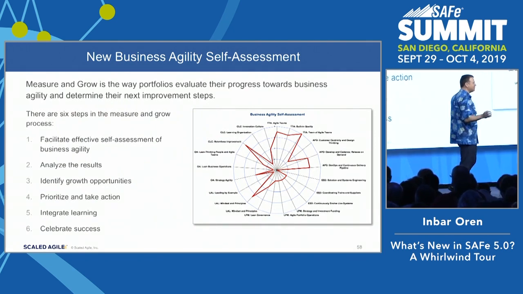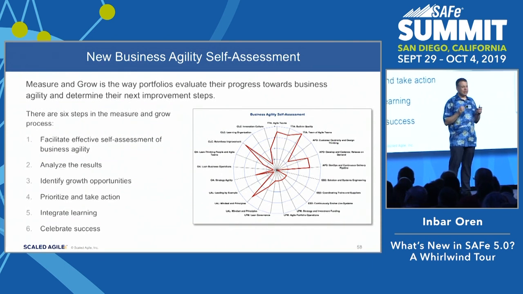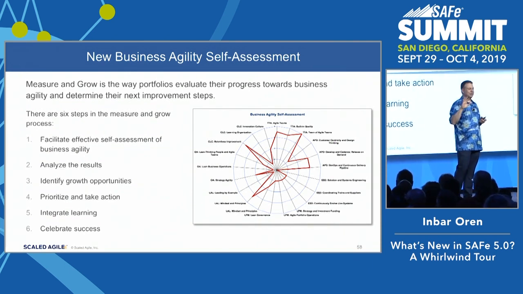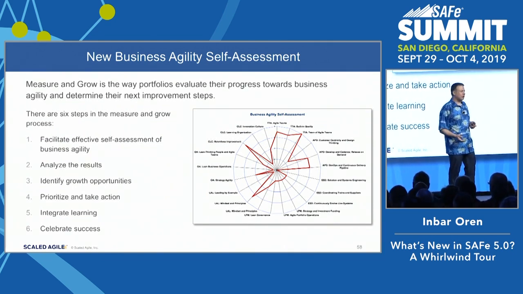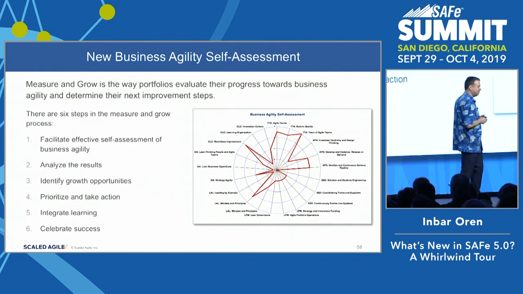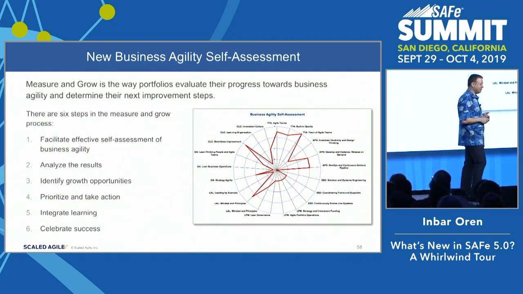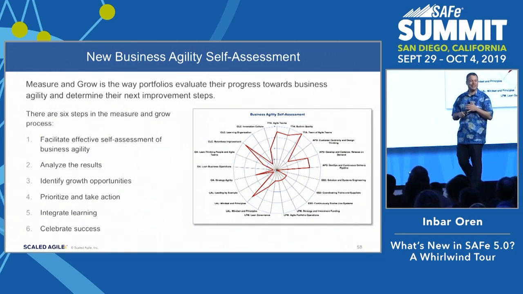There are many new things in SAFe 5.0. The preview site is there for you right now. I was giving you a whirlwind tour of the changes. Well, we rewrote a lot of those articles. Richard Nestor, Luke Holman, Steve Maynard, Harry Kinnaman, Dean spent hours.